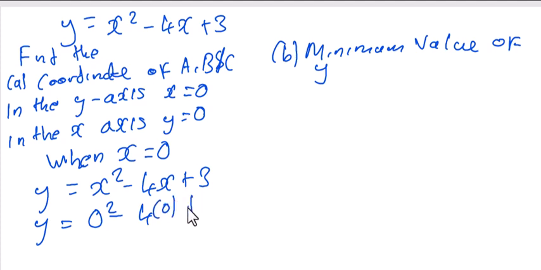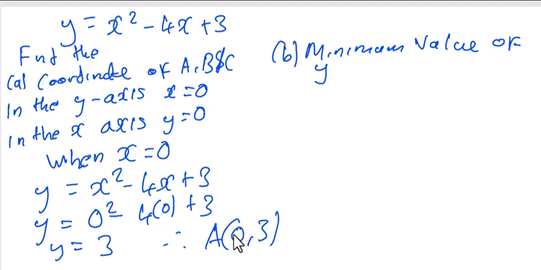Therefore, our y is equal to 3. So our A coordinates is going to be 0 comma 3.